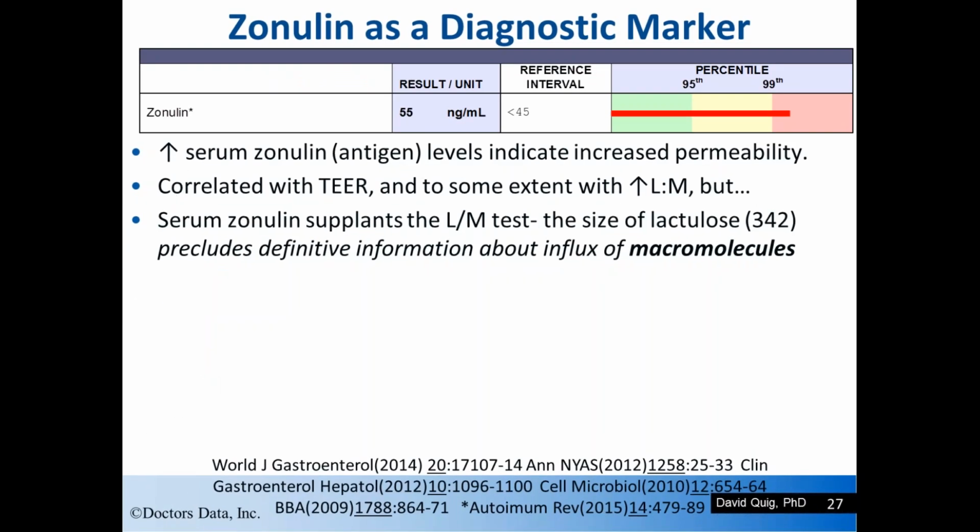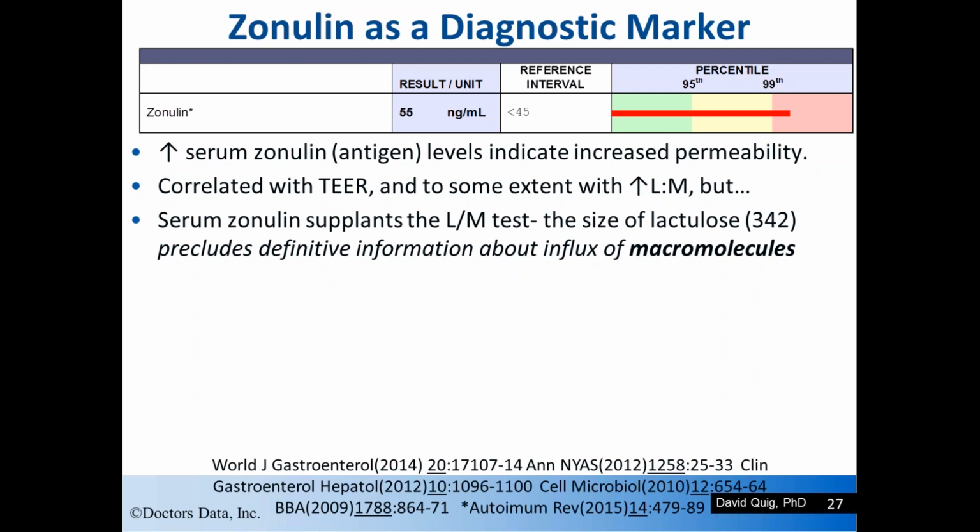So zonulin is a very useful clinical diagnostic marker of intestinal permeability. Increased serum zonulin levels, that is the antigen, indicate increased permeability of the endothelial cell barrier. Increased zonulin levels are correlated highly with the gold standard in vitro assessment of epithelial permeability, and that is the trans-epithelial electrical resistance.